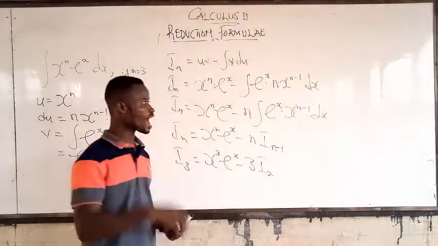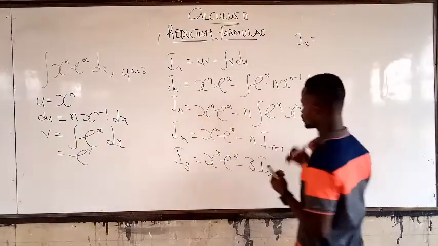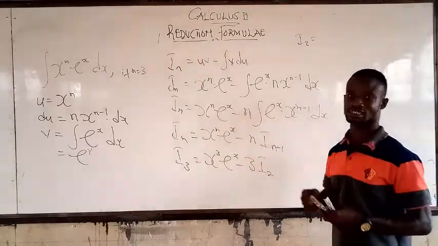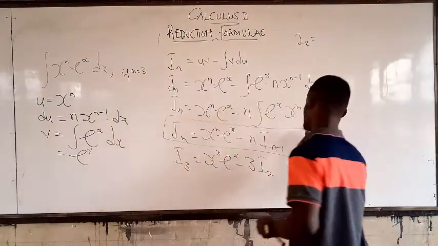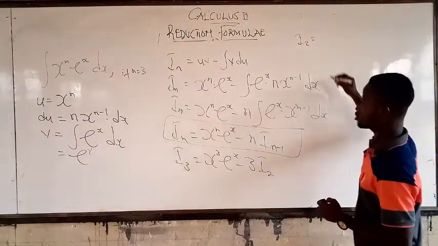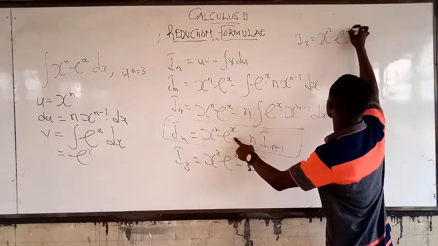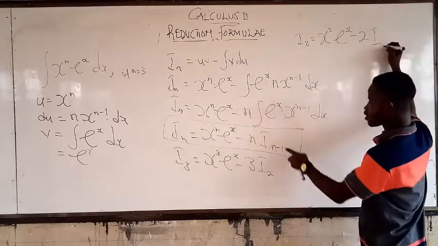Then you go for I2. How you can see it? That's how you use the reduction formula. So when you go for I2, you still use the same formula. This is the general formula. So we get x to the power 2 e raised to the power x minus 2 I1.